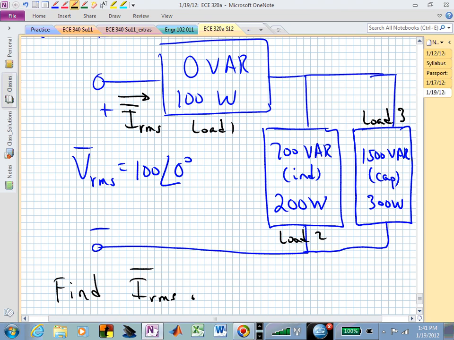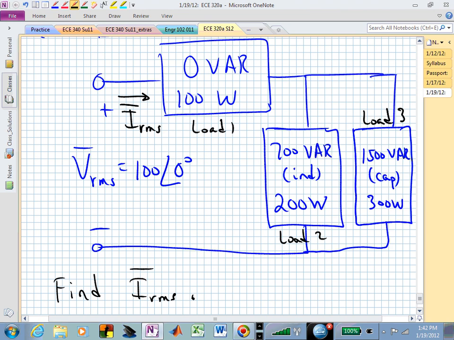So based on what I have just given you, if I have a complicated interconnection of loads, I can take the real parts and their reactive parts and add those up and end up with the total load in terms of real and imaginary, or real and reactive. Basically then I would be consolidating those three pieces, which aren't all in series, they're not all in parallel, they're interconnected in a different way.